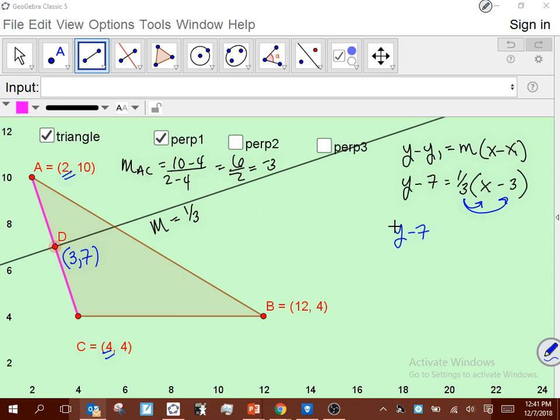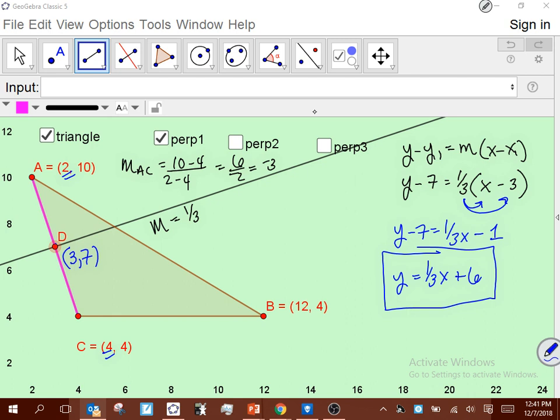So I get y minus 7 is equal to 1/3 x. 1/3 times negative 3 is negative 1, right? And now I'll add 7 to both sides. That is the equation of that perpendicular bisector.